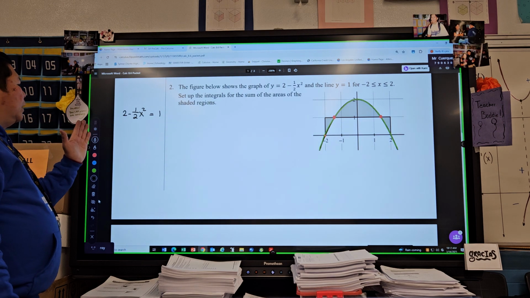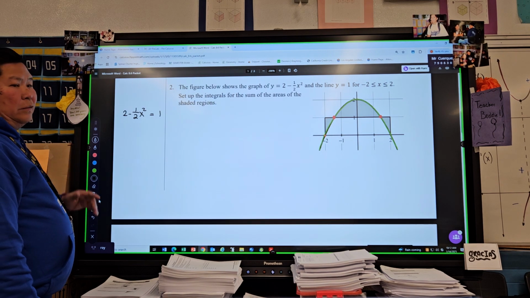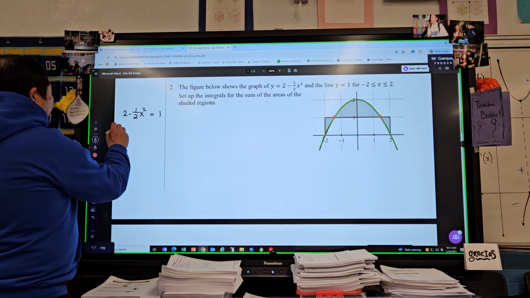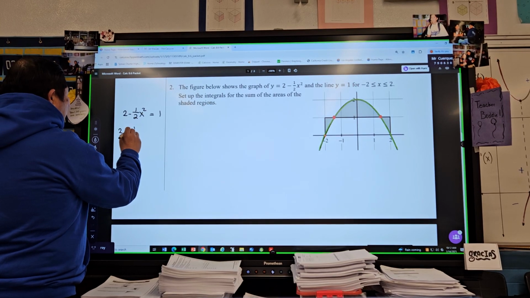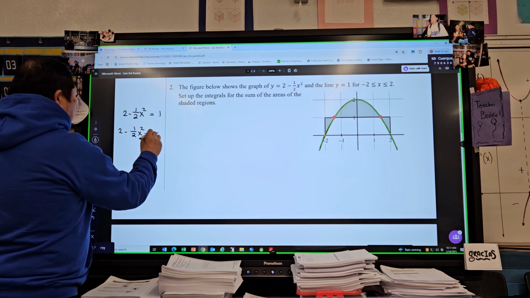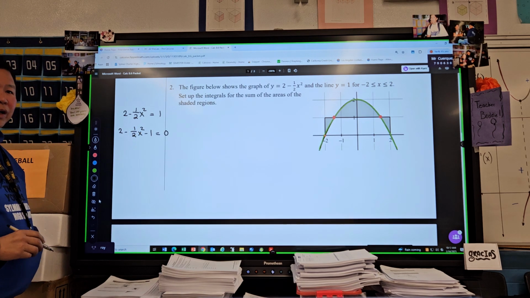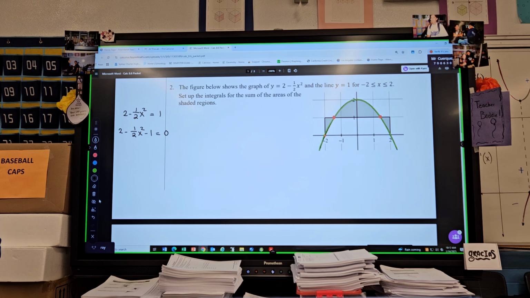Move it right here? Okay? So, we have 2 minus 1/2 x squared minus 1 is equal to 0, since we are equating to 0. So what's this now?